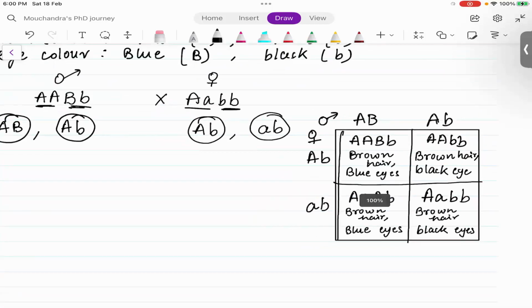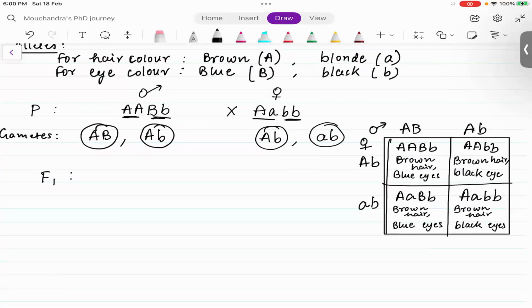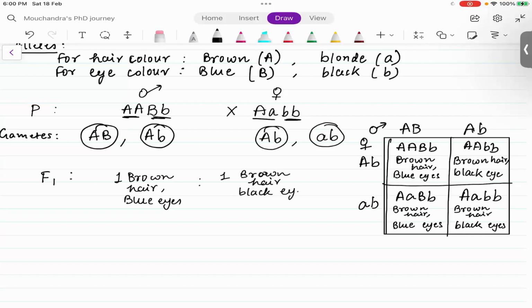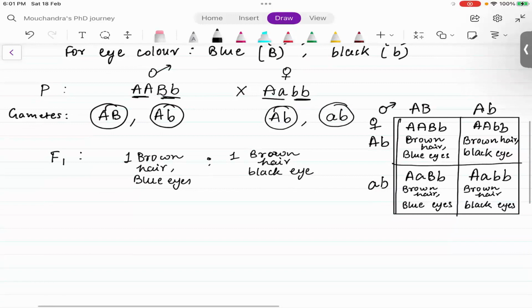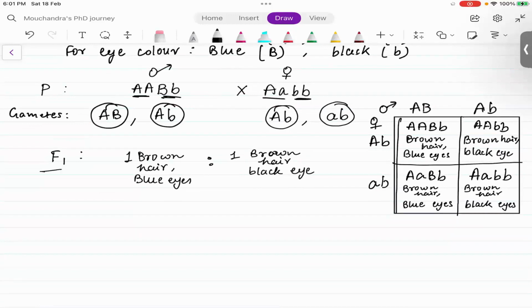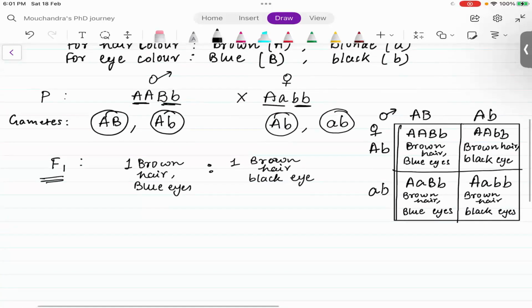So 50% have brown hair, blue eyes, and the remaining 50% have brown hair, black eyes. This is the ratio for the F1 generation.